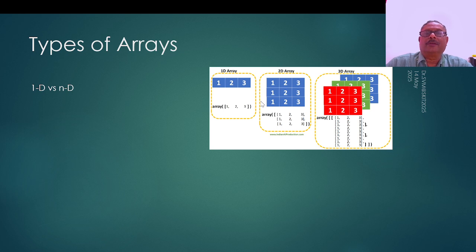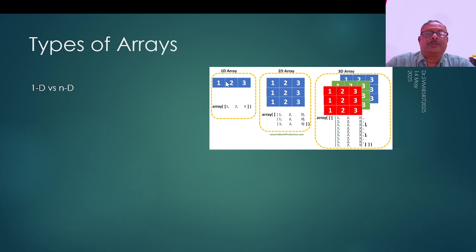So we can think of three row vectors, 1 2 3, 1 2 3, 1 2 3, connected one below the other. That makes rows and columns, and that's how we can represent a matrix.